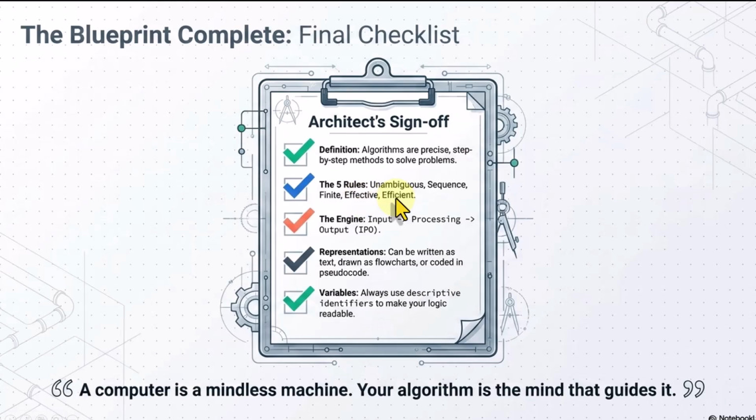It should work as fast as possible and use the least amount of resources of the computer. Then the engine, that is the input, processing, and output model. And representation. Algorithms can be written as text, drawn as flowcharts, or coded in pseudocode. So written description, flowcharts, and pseudocode.